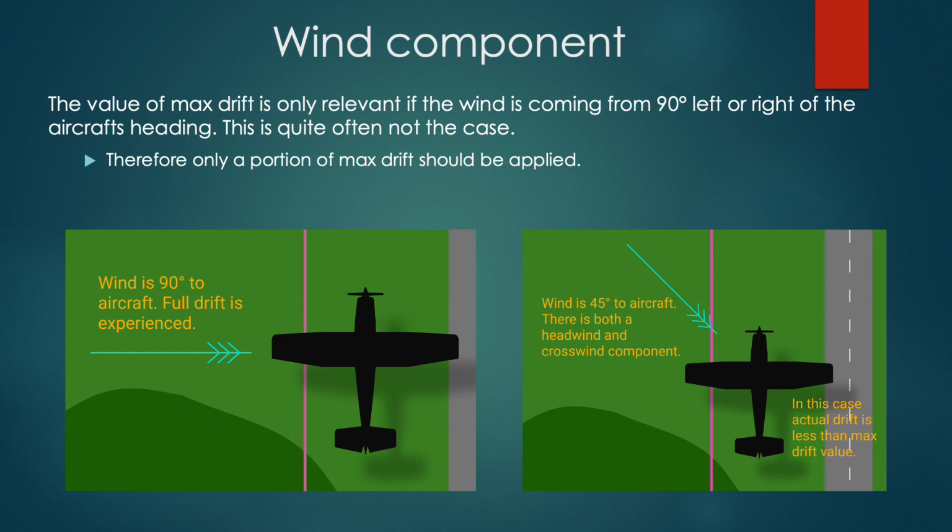So again, we are influenced by the wind, but not so much. So that means we would use a lesser value of the maximum drift that we could possibly be exposed to. So we need to find a way to work out what proportion of the maximum drift we use depending on where it's coming from and where we're going to.